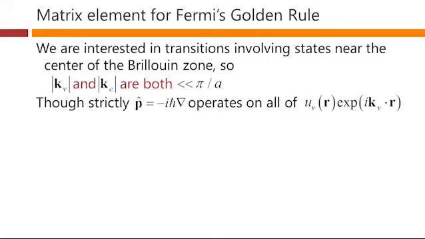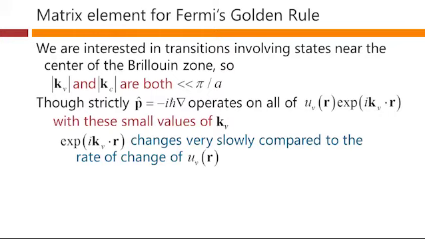Now, strictly speaking, this momentum operator, minus i h-bar times the gradient, operates on every part of this wave function inside the matrix element. But with these small values of k, this e to the i k dot r part changes very slowly compared to the rate of change of the unit cell part. The unit cell part changes within a unit cell, so it's a rapidly changing function.